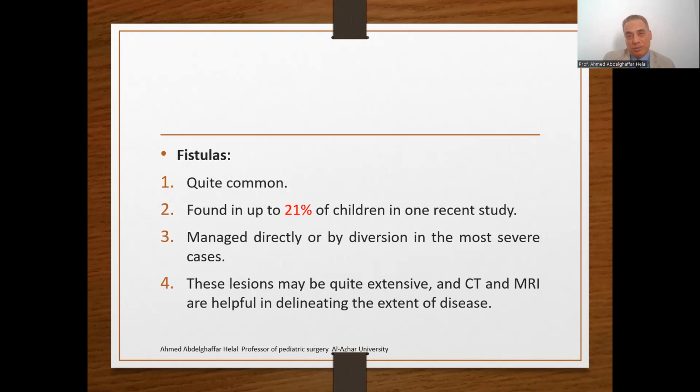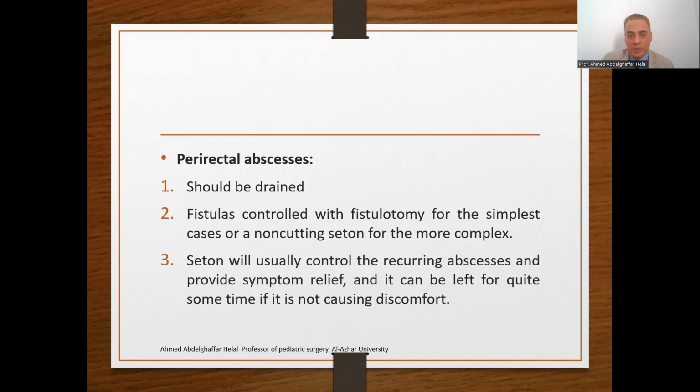What about fistula? We said at the beginning of the presentation that Crohn's commonly presents with perianal disease or fistula, and also enterocutaneous fistula. So it's quite common. Managed directly or by diversion, these lesions may be extensive and need to be evaluated with CT and MRI to know the extension and the track of the fistula, sinus or abscess.